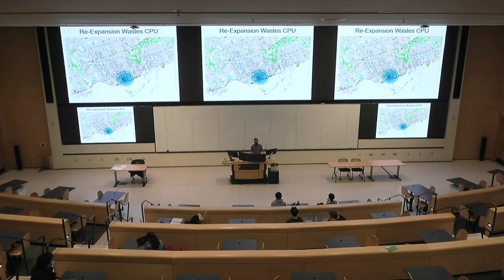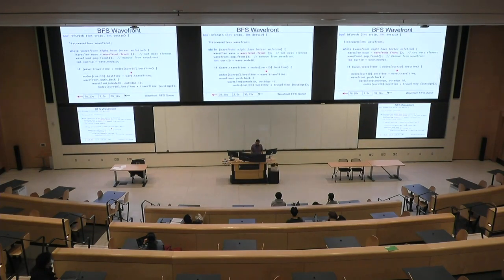With the re-expansion, we might visit nodes again and construct wavefronts from those nodes over and over again. So you can see that we are doing a lot of wasteful work, because we are visiting nodes more than once that we don't even need to visit once. This is how the algorithm is constructed.